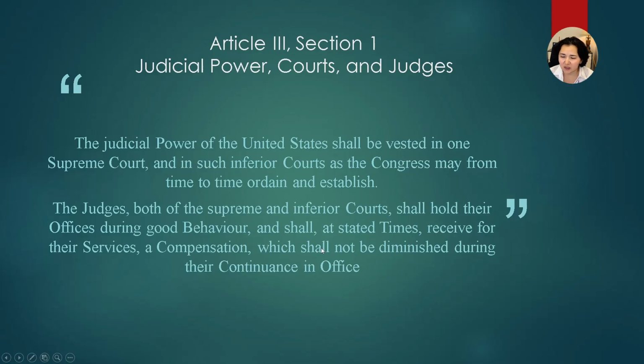This means the judicial power belongs to one Supreme Court and to lower federal courts which Congress may create whenever necessary. It also guarantees judicial independence. Under Article 3, judges hold office during good behavior, and their compensation cannot be reduced while they serve.